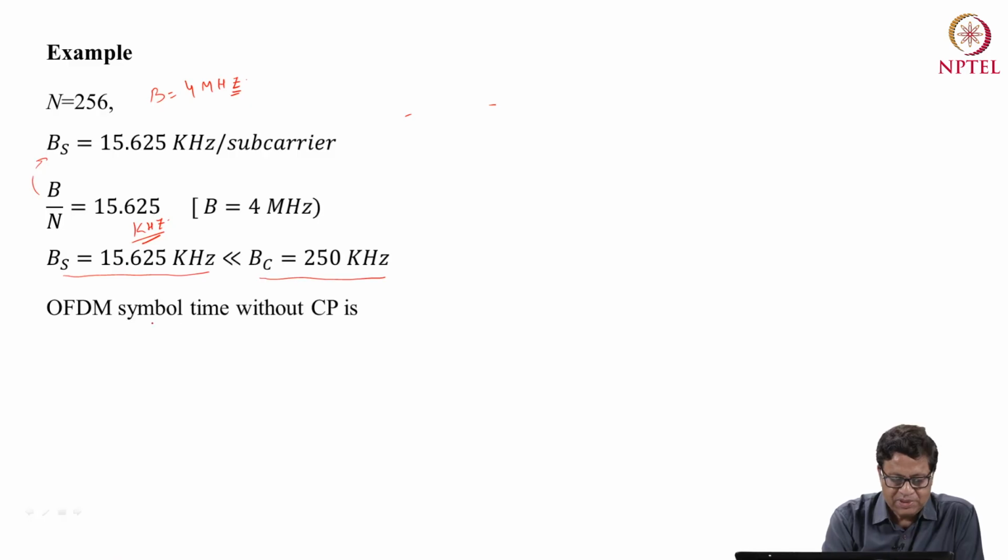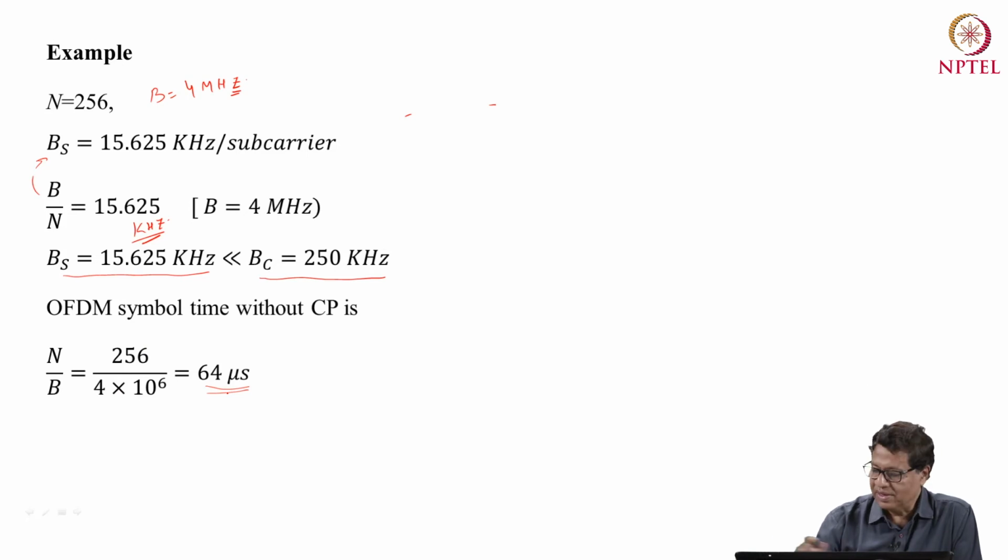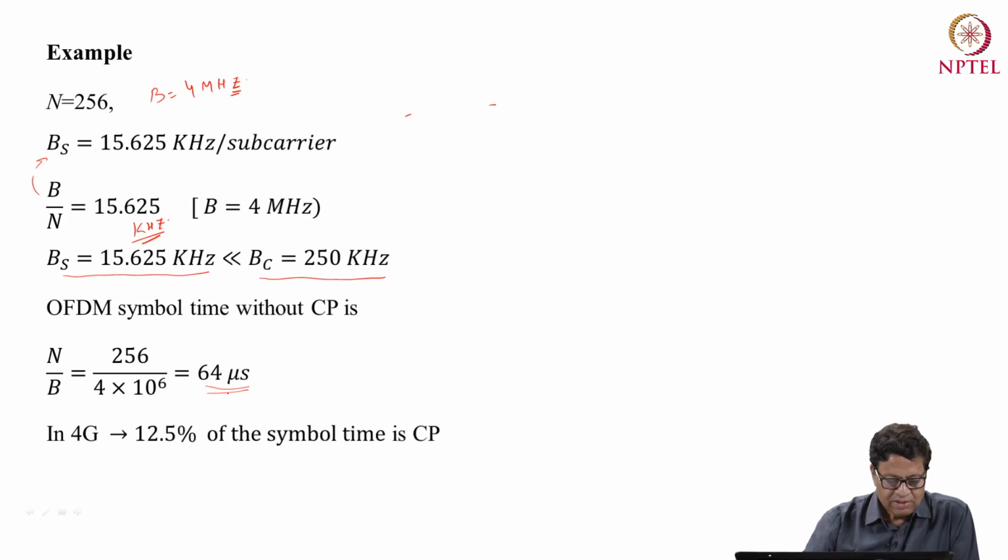So OFDM symbol time without cyclic prefix will be N by B. This is symbol time. N is equal to 256 and B, or bandwidth, gives 64 microsecond. So in 4G, for example, 12.5% of the symbol time, that is of the 64 microsecond, is kept for CP. So CP, 12.5% of 64 microsecond will be 8 microsecond.